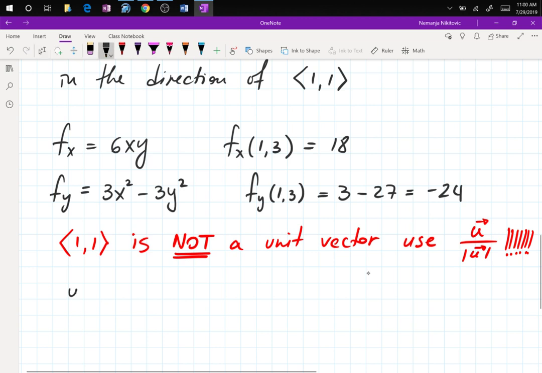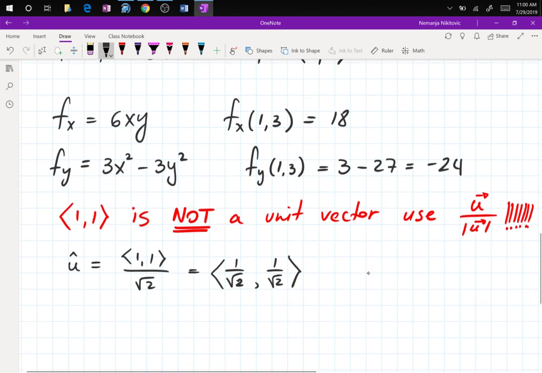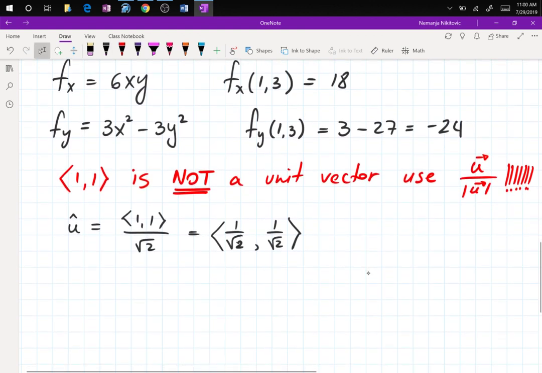So u hat is going to be 1, 1 divided by root 2, which is 1 over root 2 and 1 over root 2. Yes, you can rationalize this to come up with root 2 over 2 and root 2 over 2. Now that is a unit vector.